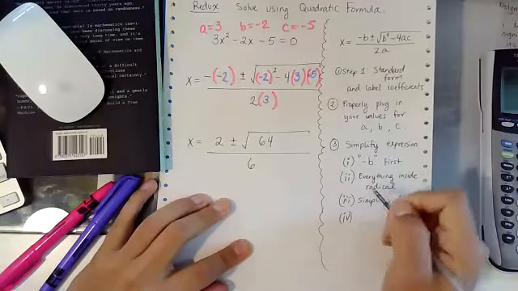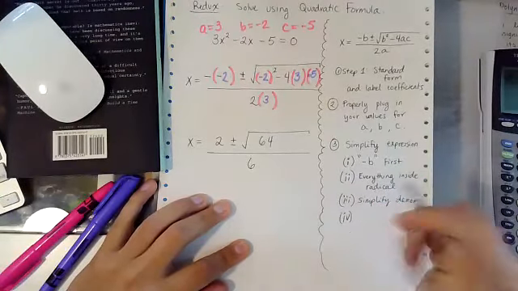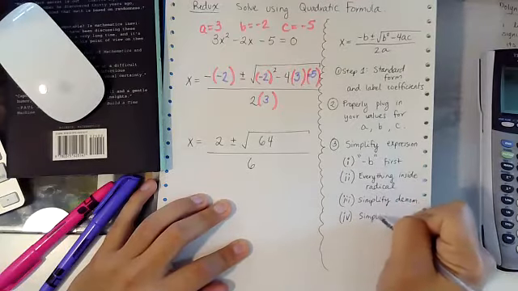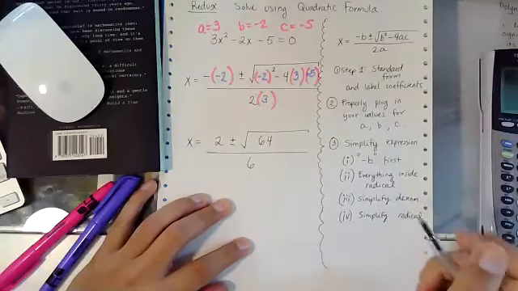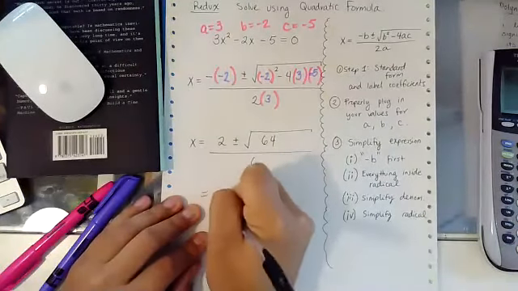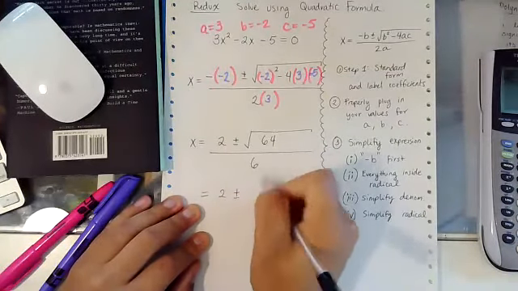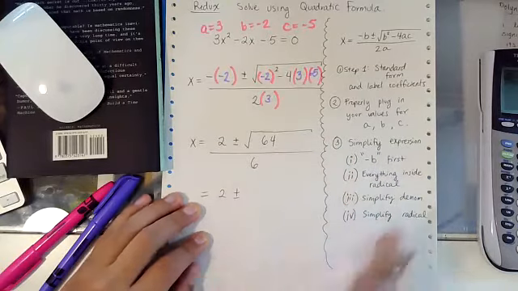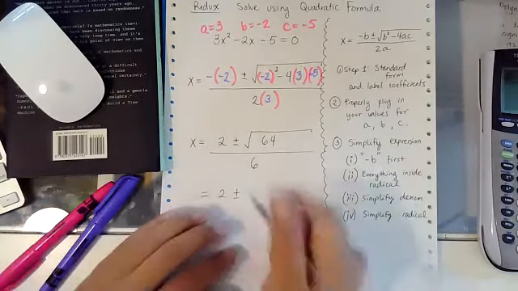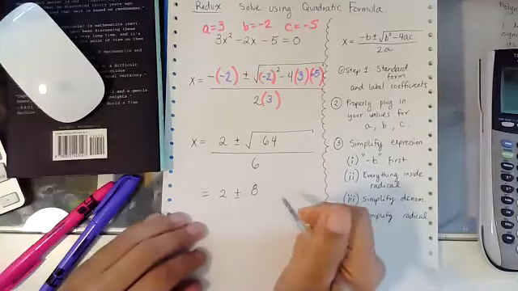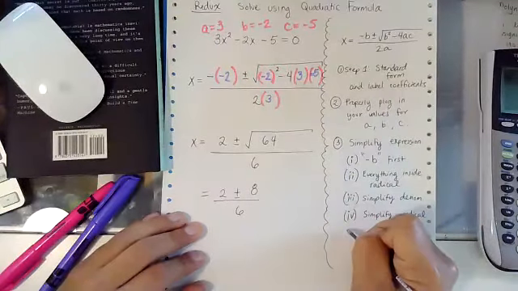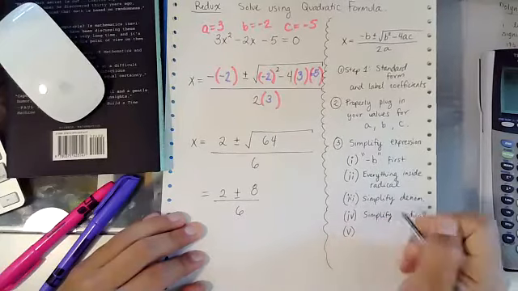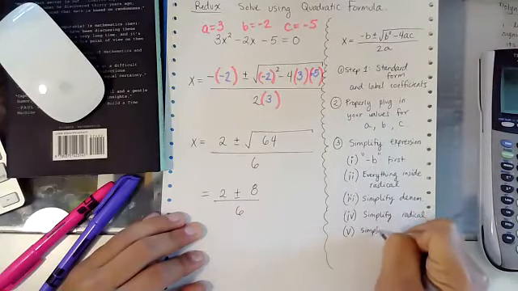Four will be to finally simplify the radical. So we could call this 2 plus or minus the square root of 64, which is nice because it's a perfect square, so that's going to give you 8, over 6. And then the last step will be to simplify the fraction.